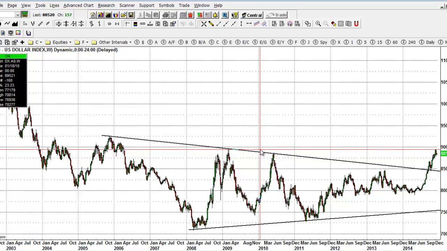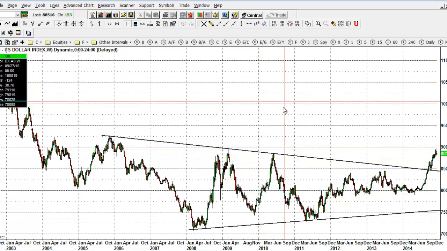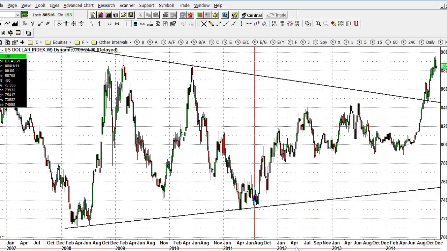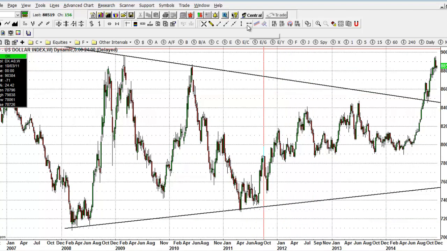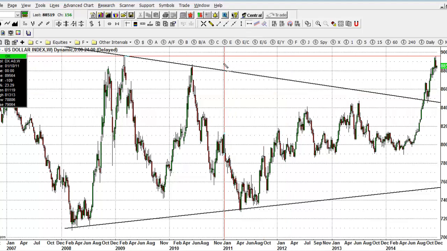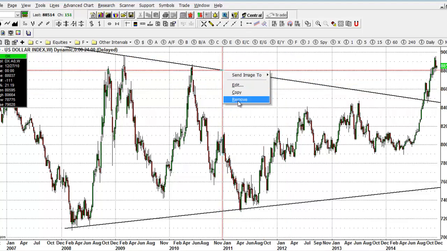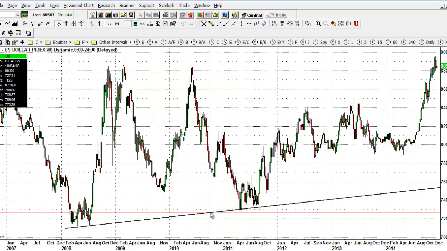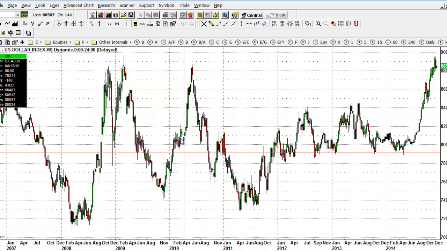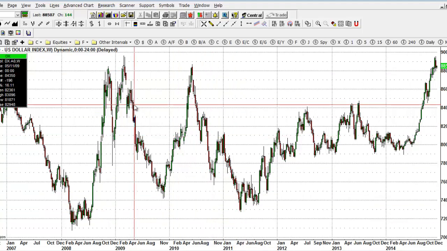Now, another significant thing I'm seeing on this chart is the fact that we are up against former resistance. As you can see here, let me just remove the triangle for clarity. This is a weekly chart still of the dollar index, where we have a high at this point just below the 90 level.